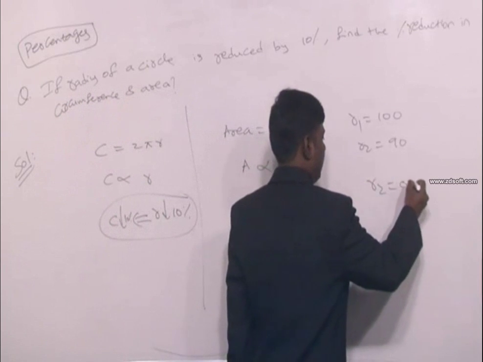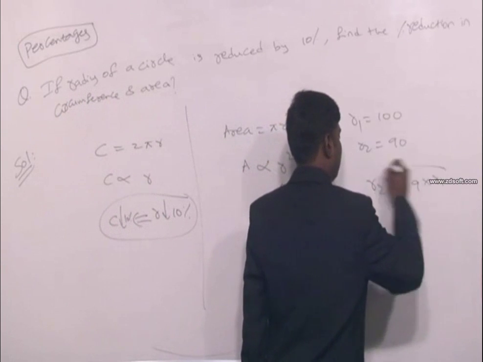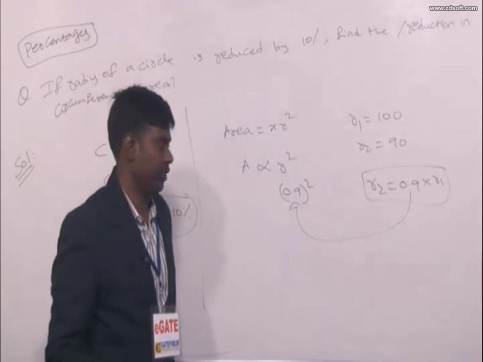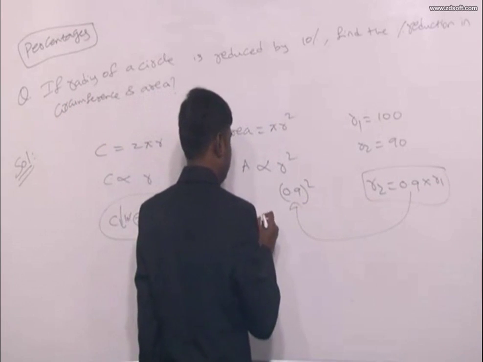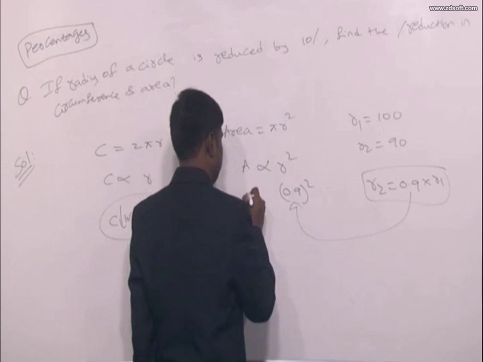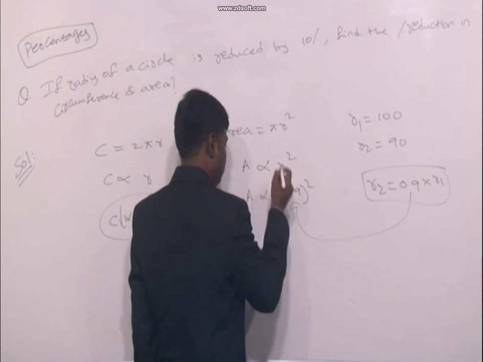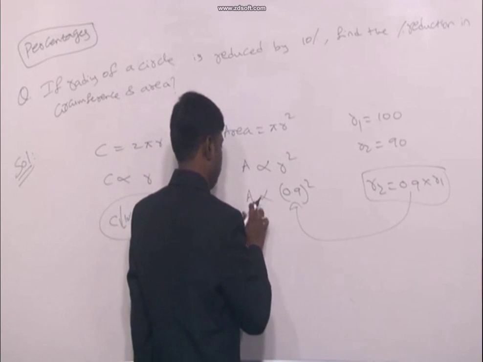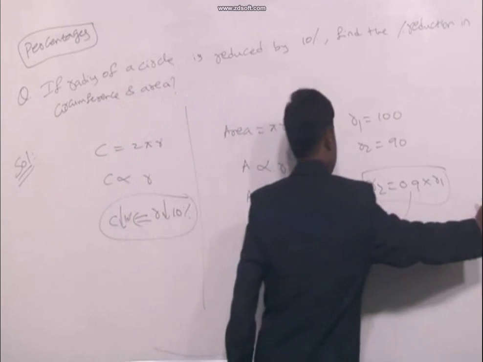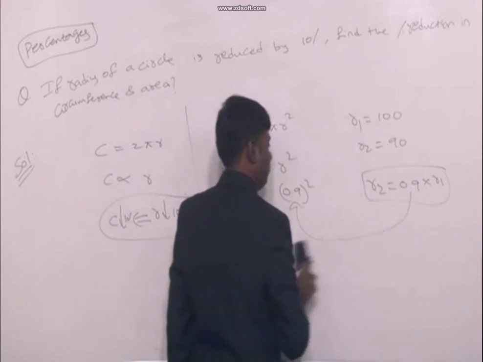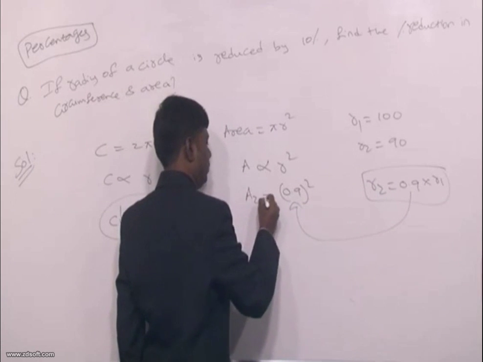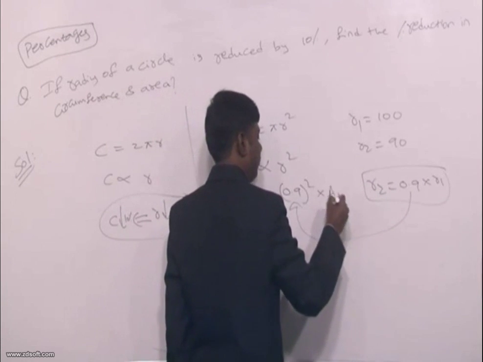R2 is 0.9 times R1. That's what I'm talking about. 0.9 value here. Okay? So A2 is 0.9 square times A1, right?